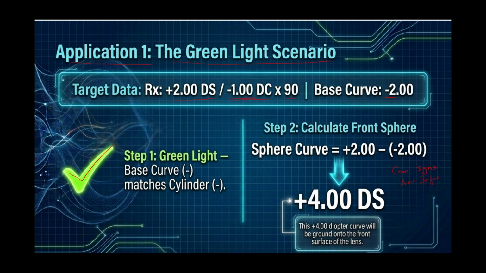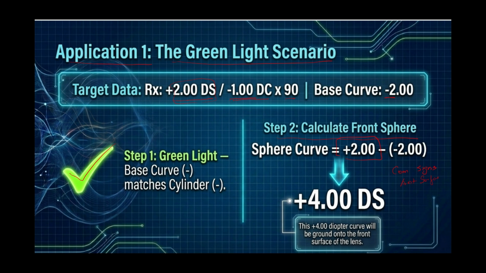As per our algorithm, step 2 means calculating the front sphere. So how do we calculate the front sphere? I already told you the target, which is the total sphere, +2, and the base curve is subtracted from the total sphere.